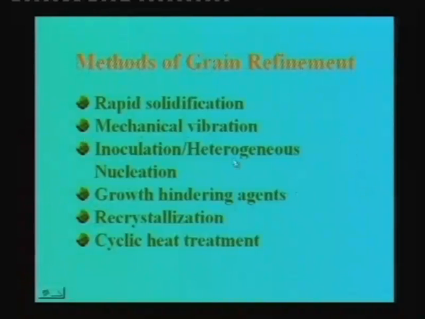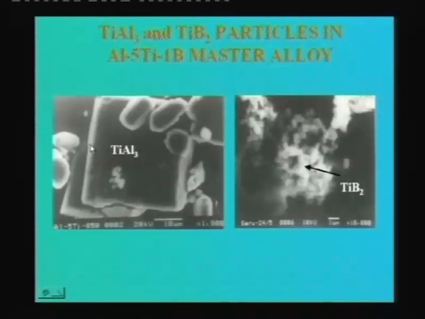But among all these techniques, the most popular technique is the inoculation. A number of people have done this, and in our own group we have also done it in a very vigorous fashion over the last 10 years, particularly the grain refinement of aluminum alloys.